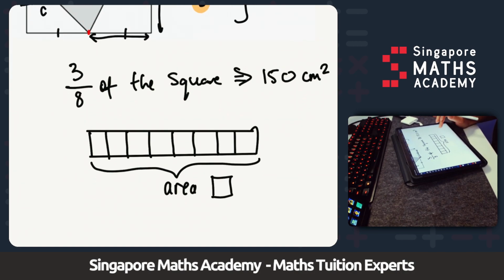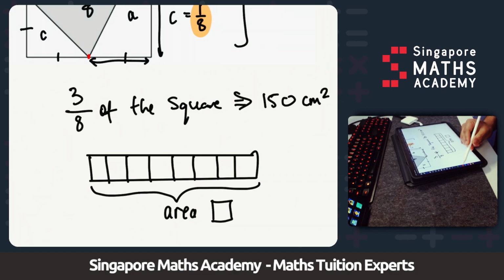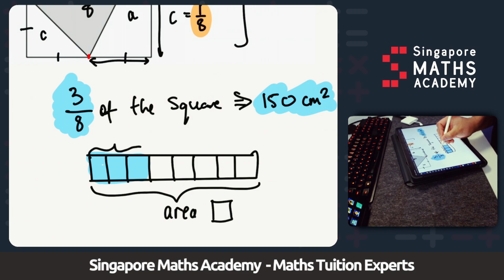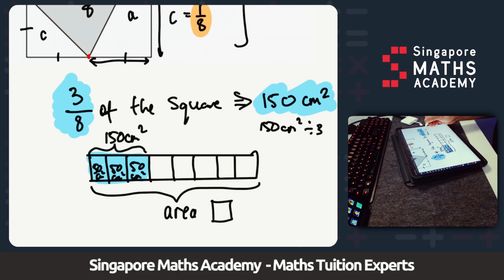I know 3/8 of the area of the square, or the triangle section, we've worked that out, is 150 square centimeters. So this section here is 150 square centimeters, and therefore each of these, 150 divided by 3, is going to be 50 square centimeters. So each of these eighths is going to be 50 square centimeters.